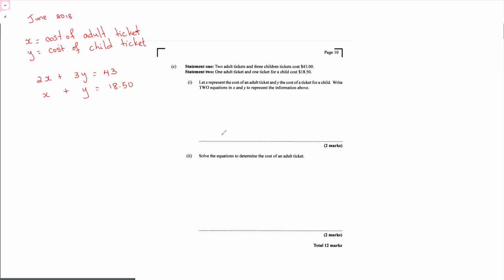And then they said, solve the equations to determine the cost of an adult ticket. Now, because we have 2 unknowns in one question, we know that it is a simultaneous equation. In order to solve a simultaneous equation, remember your first step is to make one of the pairs the same number.